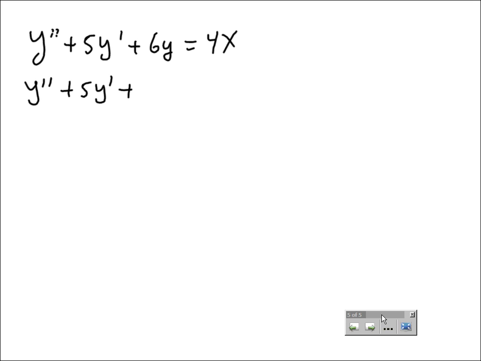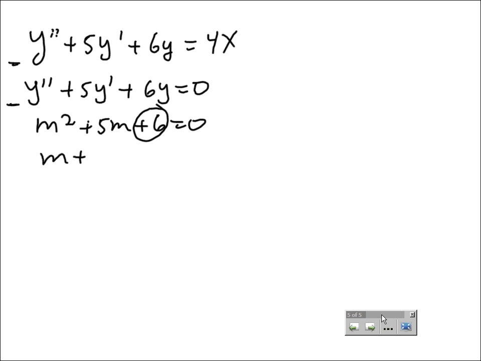Y double prime plus 5y prime plus 6y is 4x. So y double prime plus 5y prime plus 6y, we set it equal to 0. Homogeneous equation. And we have the 1 in front. Even up here we do. So this is going to give us m squared plus 5m plus 6, which is 0.